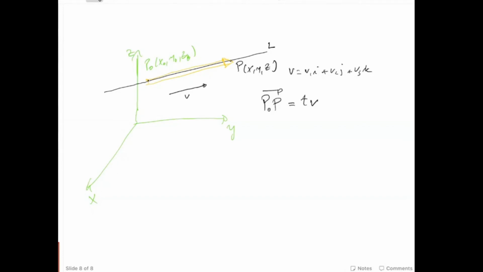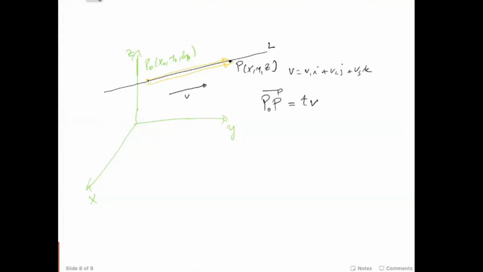The main difference will be the magnitude. In this case, the magnitude is governed by the position of P, and then we allow the distance between P and P0 to vary.